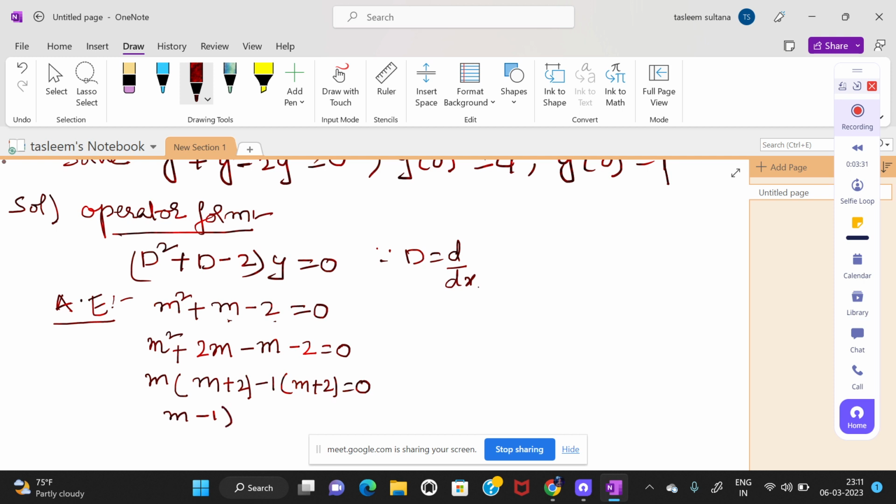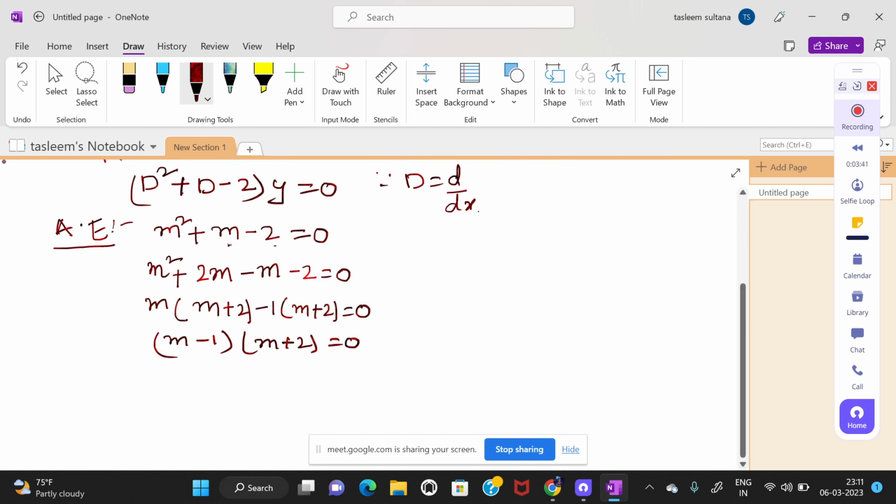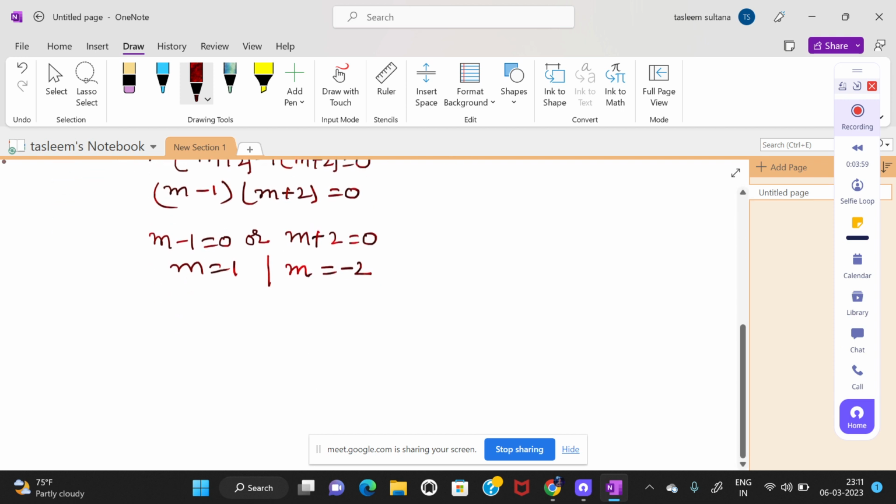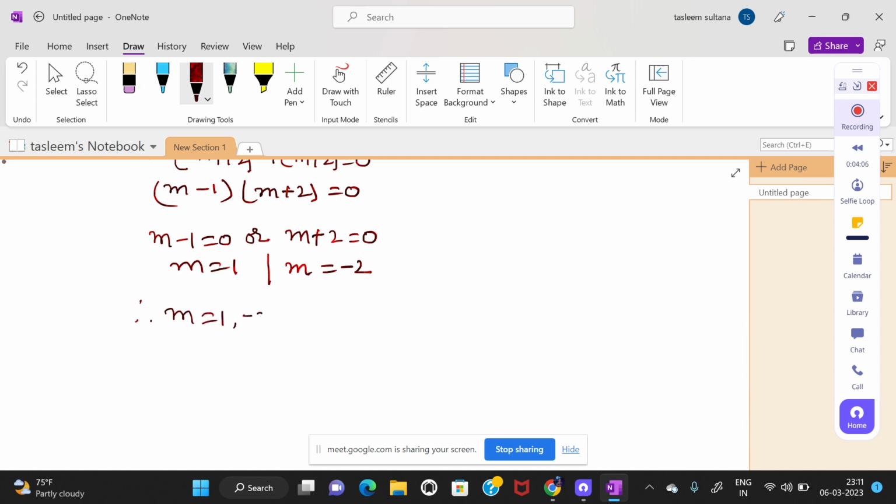M minus 1 into m plus 2 is equals to 0, where m minus 1 is equals to 0 or m plus 2 is equals to 0. M is equals to 1 or m is equals to minus 2. Therefore, you got m is equals to 1 and m is equals to minus 2.